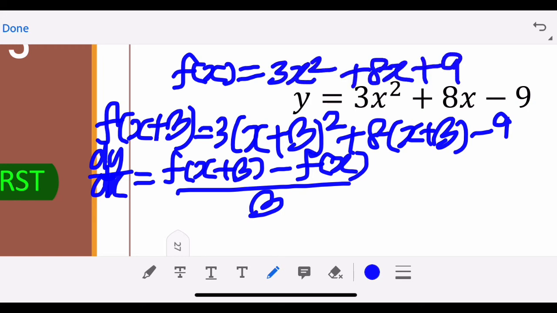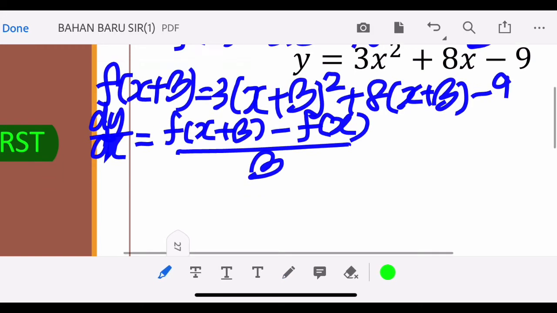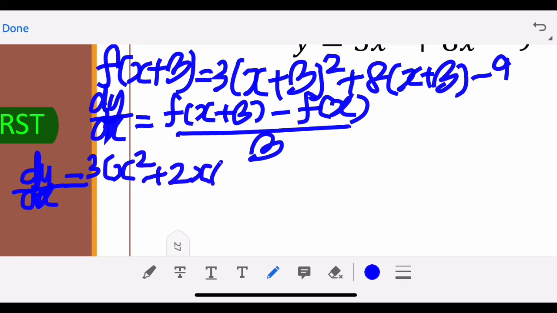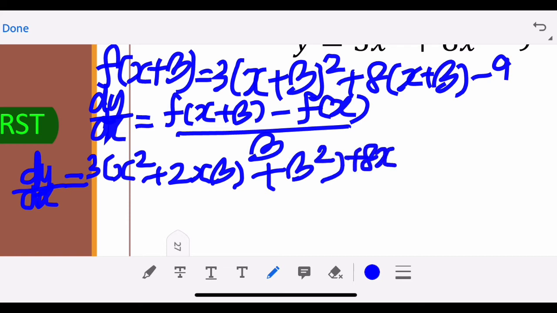Understand? So now we are going to take f(x plus delta shape) minus f(x), over the delta shape. So let's do it carefully, and let's double check. When we do the expansion, we get 3 times x squared plus 2x delta shape plus delta shape squared, plus 8x plus 8 delta shape minus 9, and then minus the function.